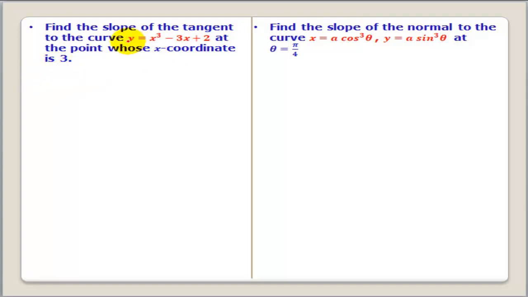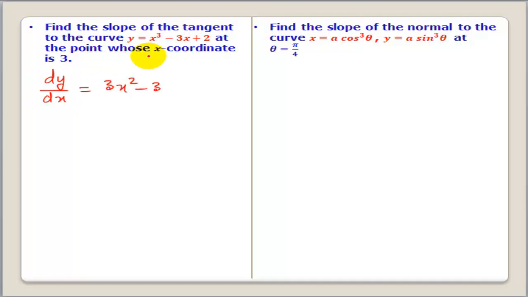So for that, we will first differentiate it with respect to x. Differentiating y with respect to x, we get dy over dx equal to 3x square minus 3. So this is the slope of the tangent to the given curve. Now its value will keep on changing depending upon the point at which the tangent is being drawn.